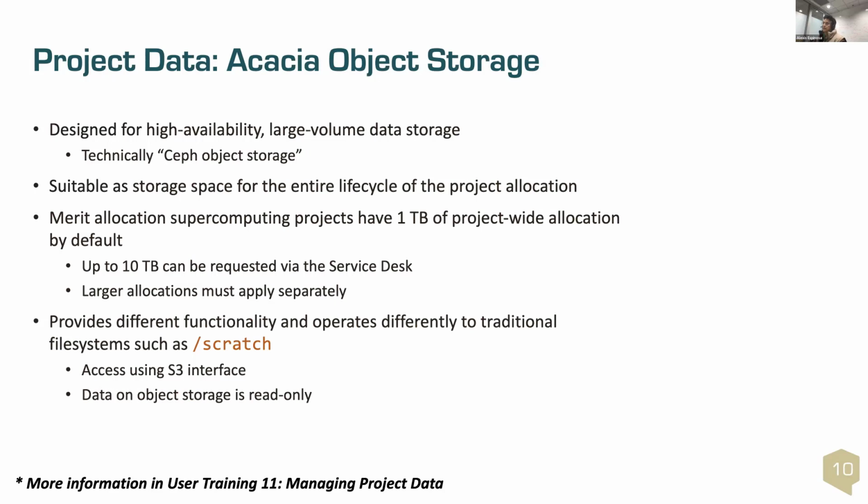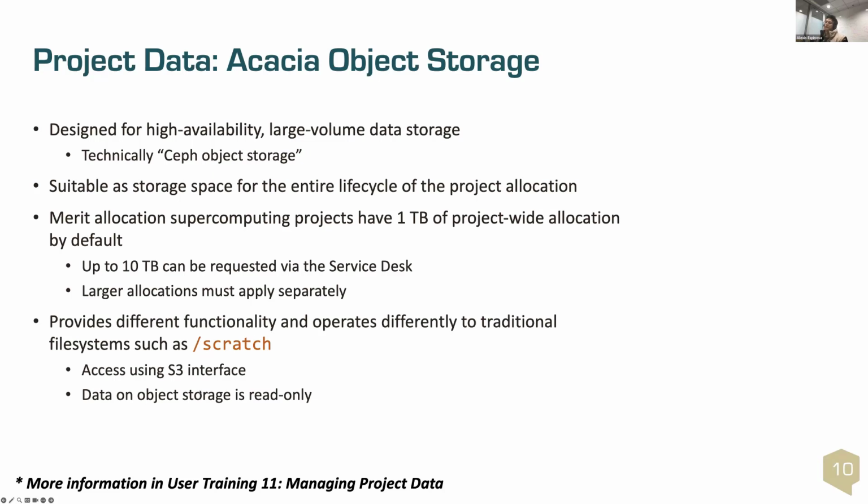Now, there is an object storage named Acacia, where you can save your data and keep it there for the entirety of your project. By default, projects have 1 terabyte of allocation, but it can be expanded if you need to.